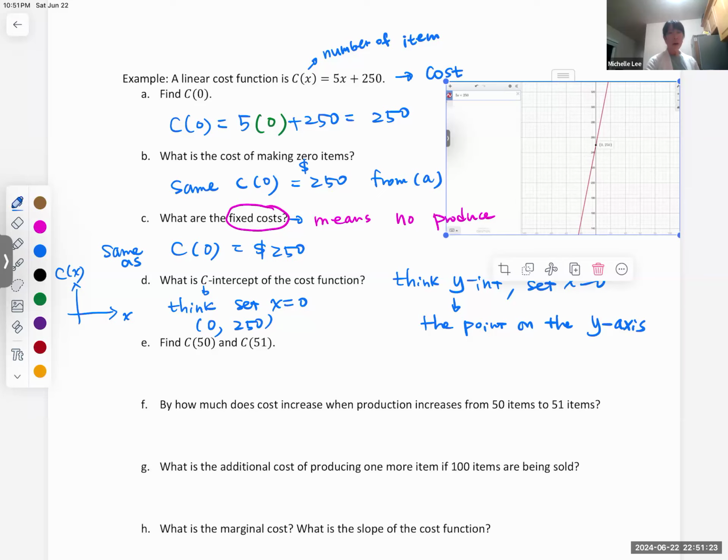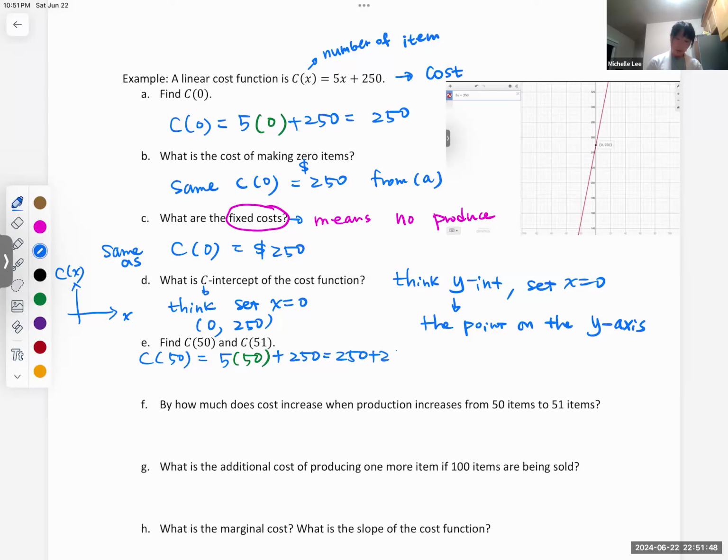All right, so find C of 50 and C of 51. So let's do it. C of 50, plug in x equal to 50. So 5 times 50 plus 250. Then we get 250 plus 250, which is 500.